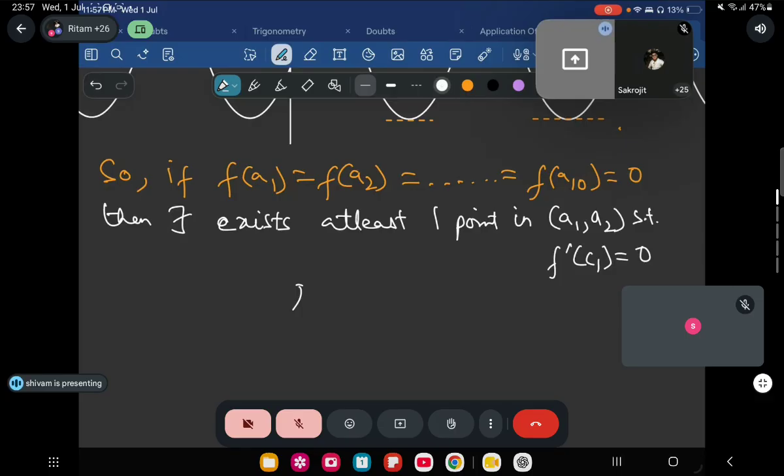There exists at least one point in (a2, a3) such that f dash c2 is equal to 0.